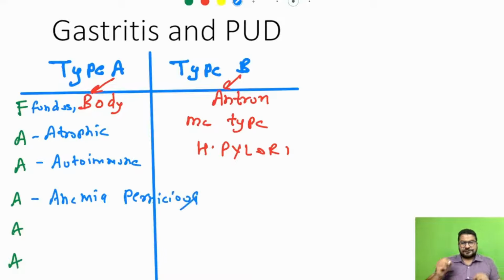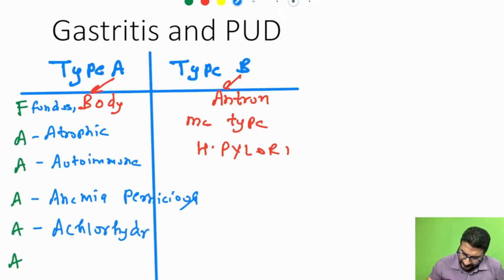Now see, parietal cells produce intrinsic factor, and intrinsic factor will take B12 to the terminal ileum. So B12 will not be absorbed, so pernicious anemia. Parietal cells also produce HCl. So HCl will not be formed, we call this achlorhydria. So you can see it involves fundus and body, atrophic, autoimmune, pernicious anemia, achlorhydria. And remember here we have antibodies that destroy parietal cells.